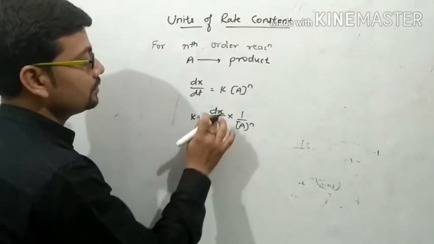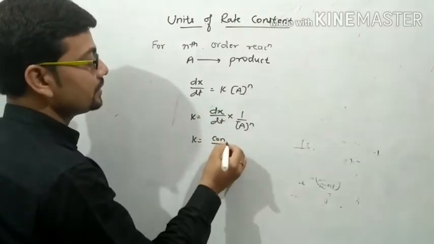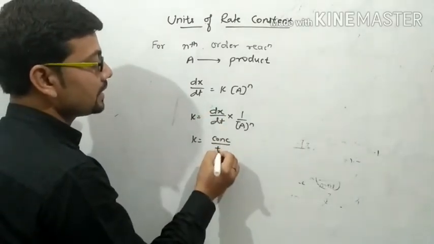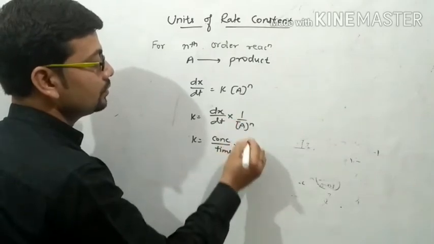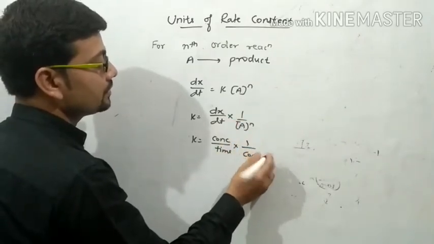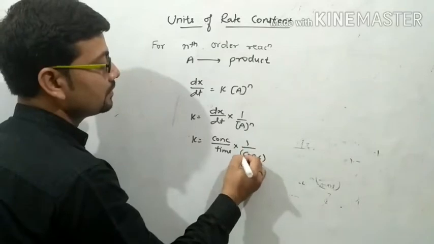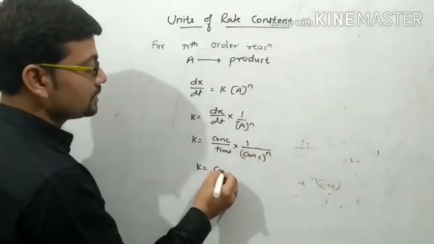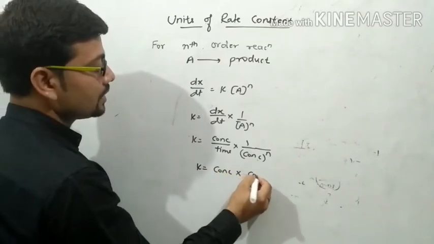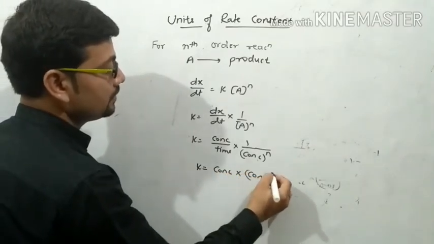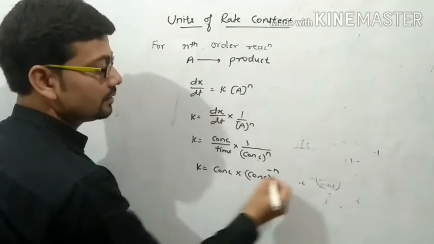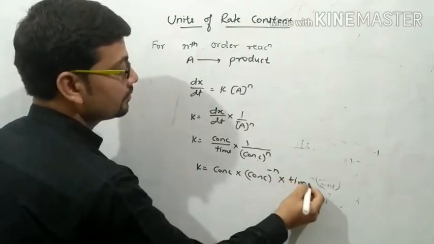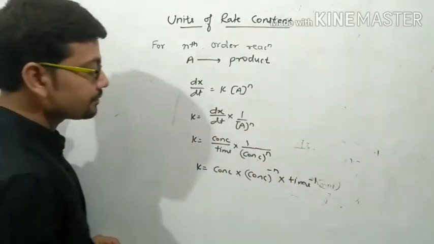So k is equal to concentration upon time, into 1 upon concentration to the power n. So k is equal to concentration into concentration to the power minus n into time inverse, right?